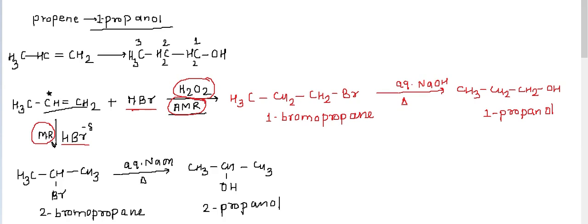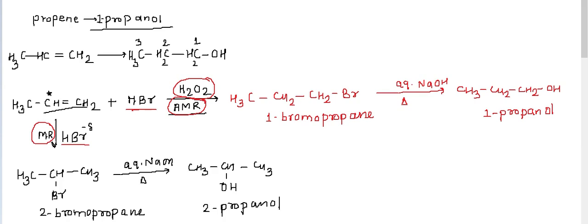So what we have done: we have an unsymmetrical alkene, an unsymmetrical reagent HBr, and we do this addition in presence of H2O2. This is most important, so that the addition of HBr takes place according to anti-Markovnikov's rule. So we end up with 1-bromopropane, which on treatment with aqueous NaOH gives 1-propanol as a product.